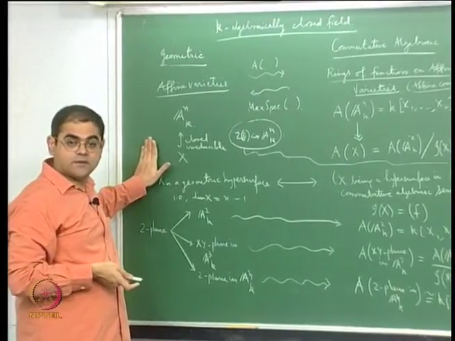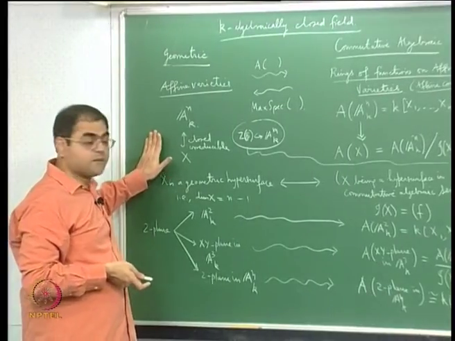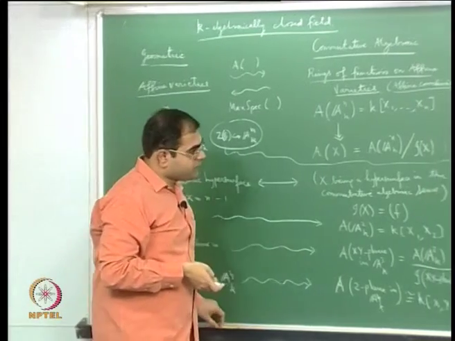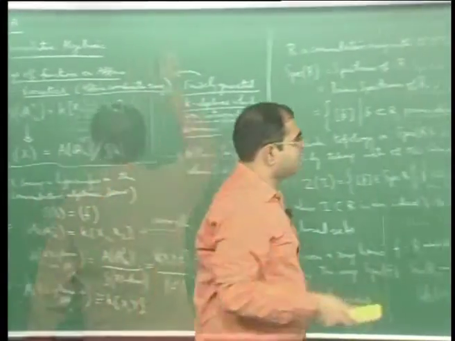So I need to go on and explain morphisms of varieties. Okay, so let me write that.